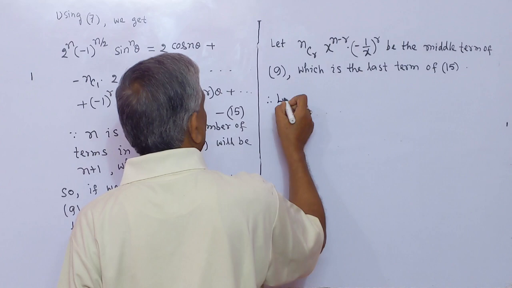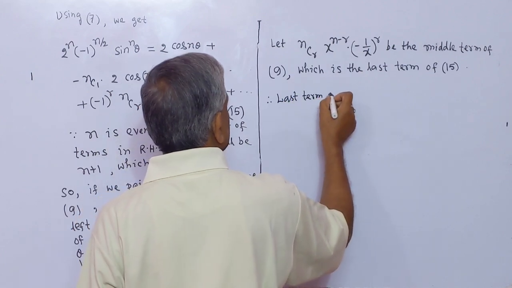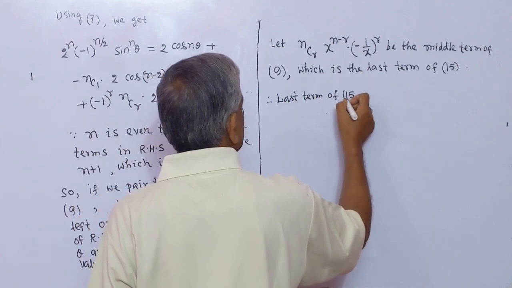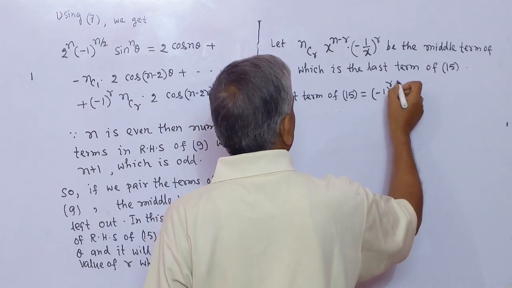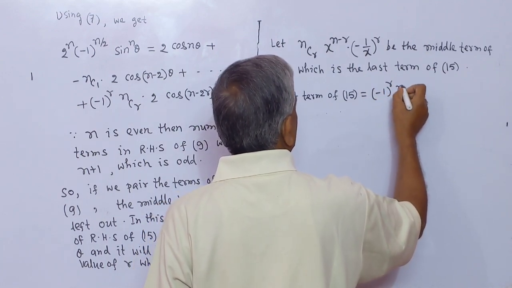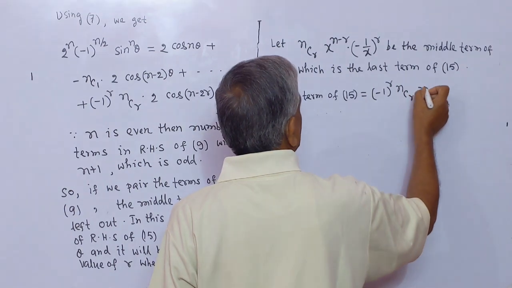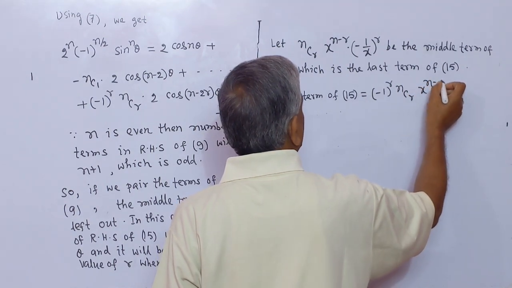Therefore, the last term of 15 equals (-1) to the power r nCr x to the power n minus 2r.